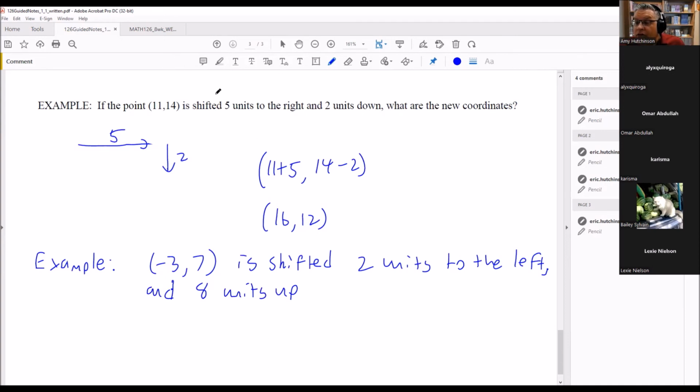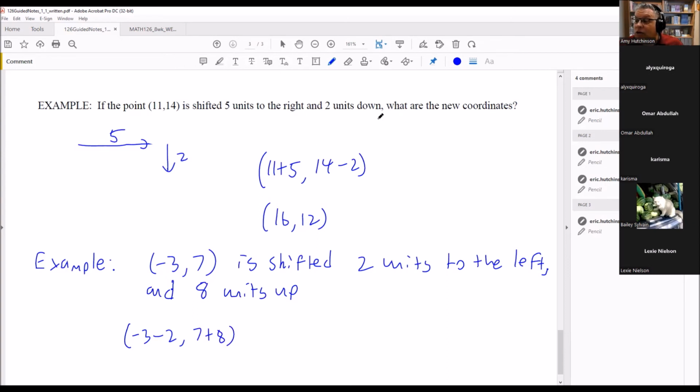All right, so if we're shifting it 2 units to the left this time, last time we added, but if it's shifted to the left, that means we're going to subtract actually. So we're going to do -3 and we're going to subtract 2. And then for the 7, we're going to shift that 8 units up. 8 units up means that I'm going to now add that to the y coordinate.